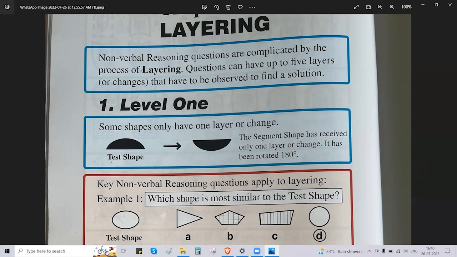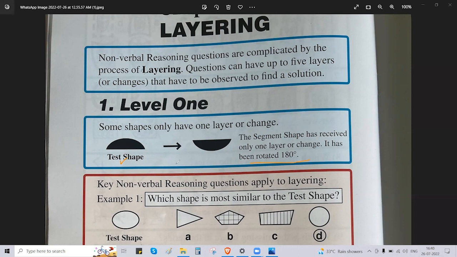The difference I can see is that it's rotated 180 degrees. Exactly. There is only one change, that this shape has been rotated by 180 degrees. So this is an example of a level 1 change.